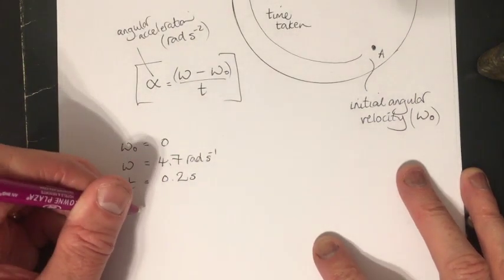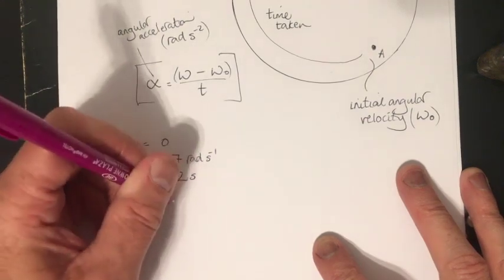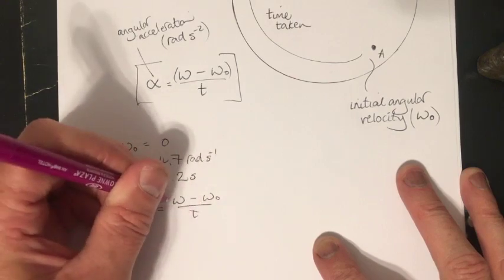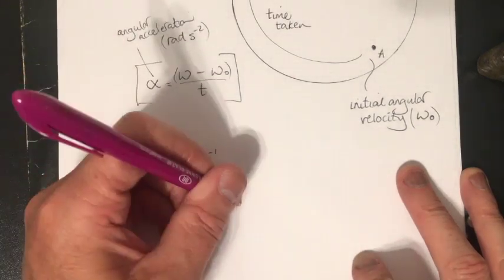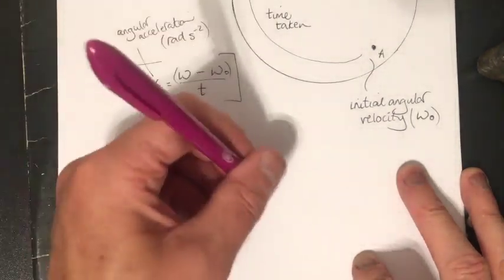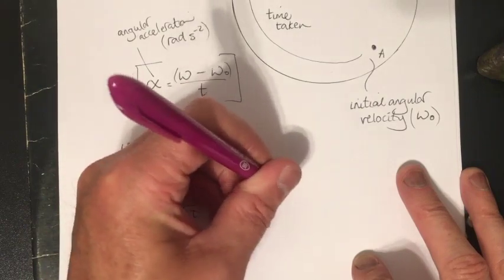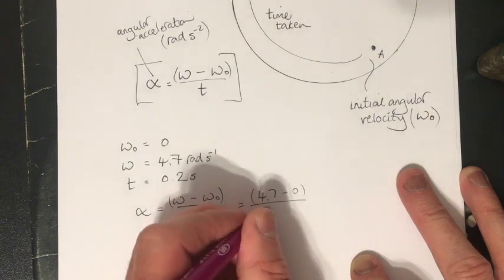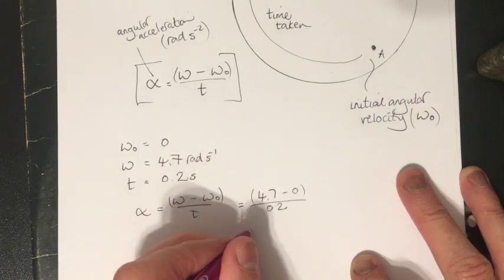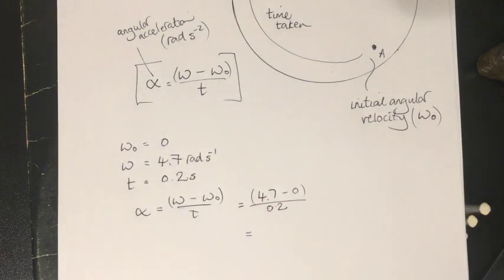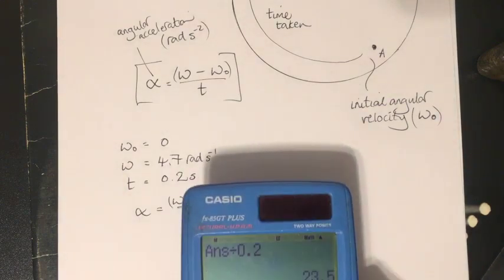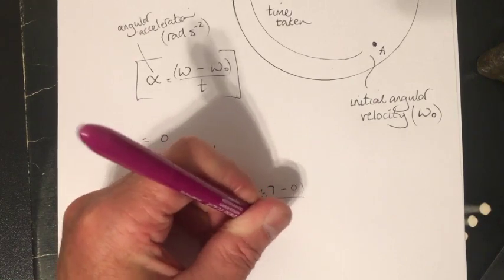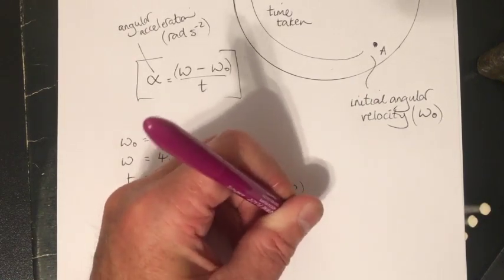Well, alpha equals omega minus omega naught over t, equals, put the numbers in, same as Higher, 4.7 minus 0 over 0.2, and if my arithmetic is correct, 23.5 radians per second squared.